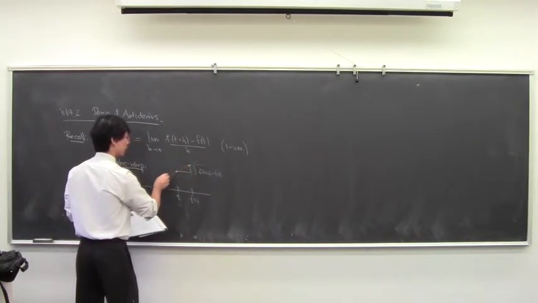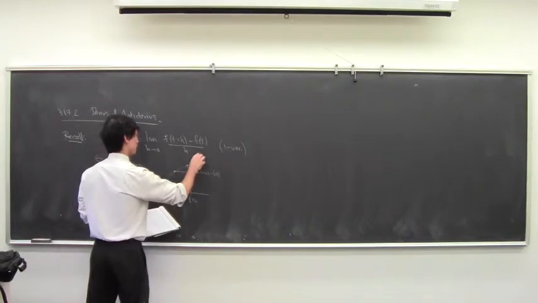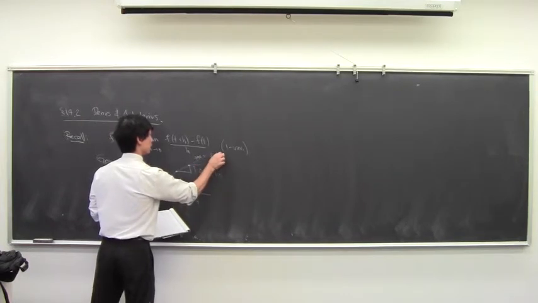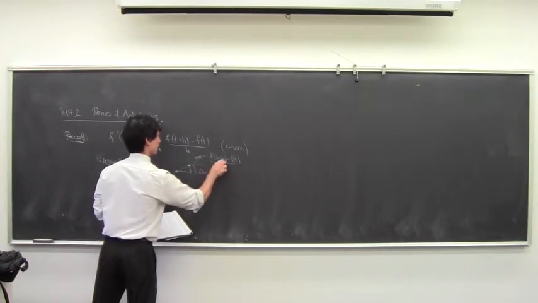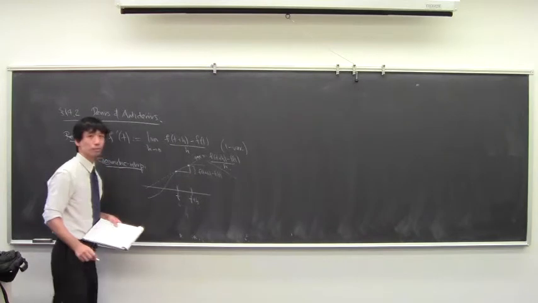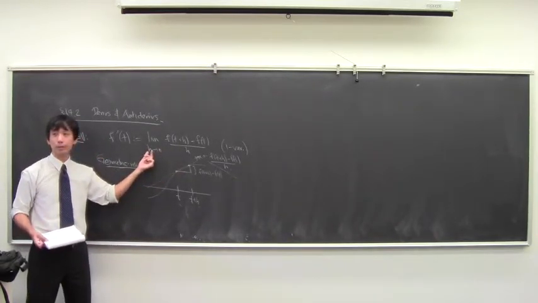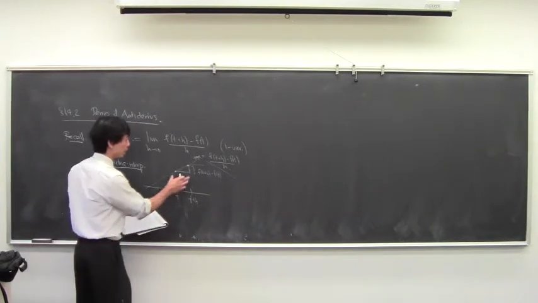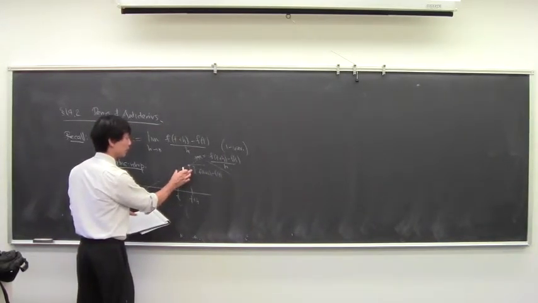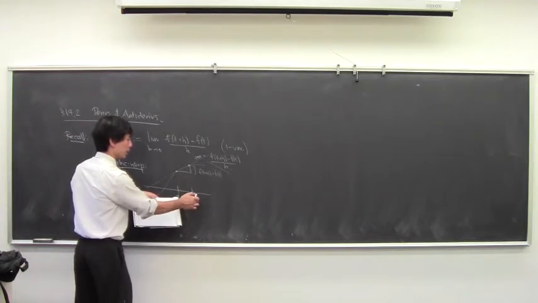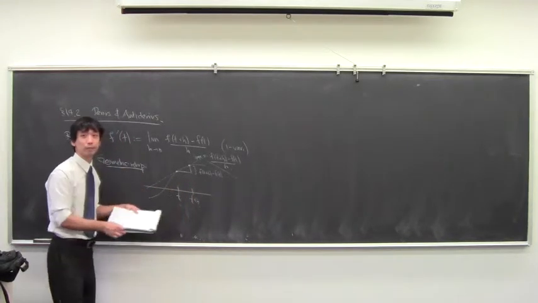That gives you the slope of this line. So the slope here is f of t plus h minus f of t over h. And then you let h go to 0, and you end up with the limit of the slopes of these secant lines as the second point tends towards the first point.